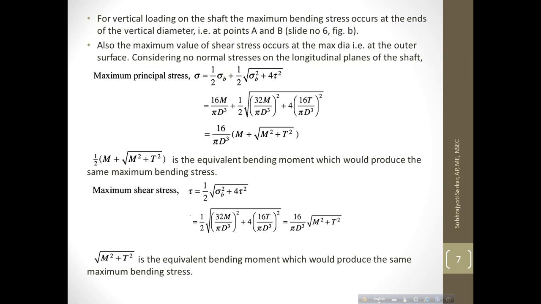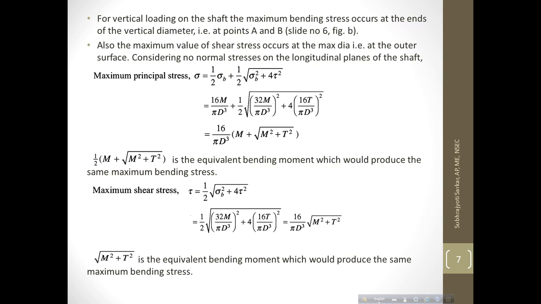Putting the values of sigma b as 32 M by pi d cube and tau as 16 T by pi d cube, we conclude that the maximum principal stress is equal to 16 by pi d cube times capital M plus root over M square plus T square, where M and T are the bending moment and the twisting moment. This value of M plus root over M square plus T square is called the equivalent bending moment, which will produce the same amount of maximum bending stress on the shaft.